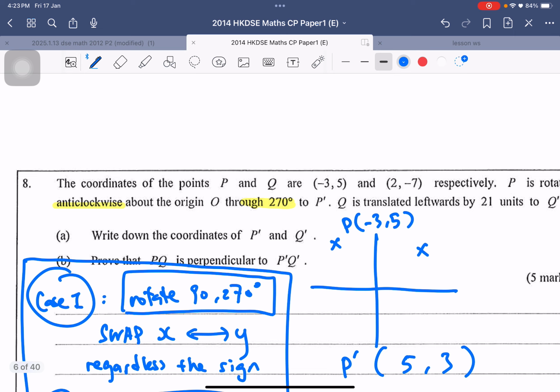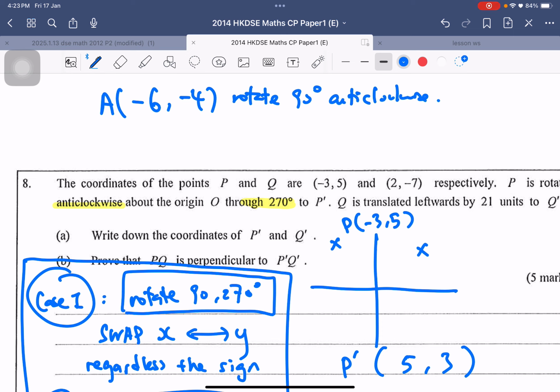I'll give you one more case. For example, if you have a point A at -6, -4, rotate 90 degrees anti-clockwise. So find your answer. What's the final answer? Just another question.